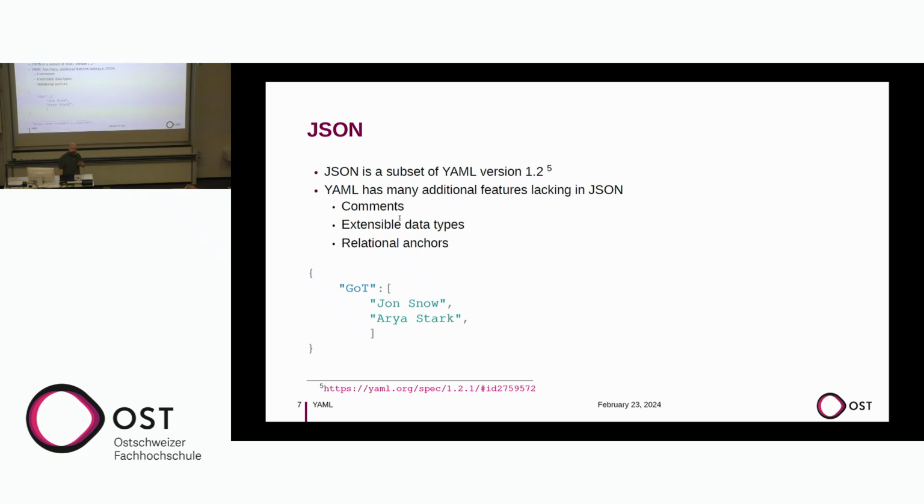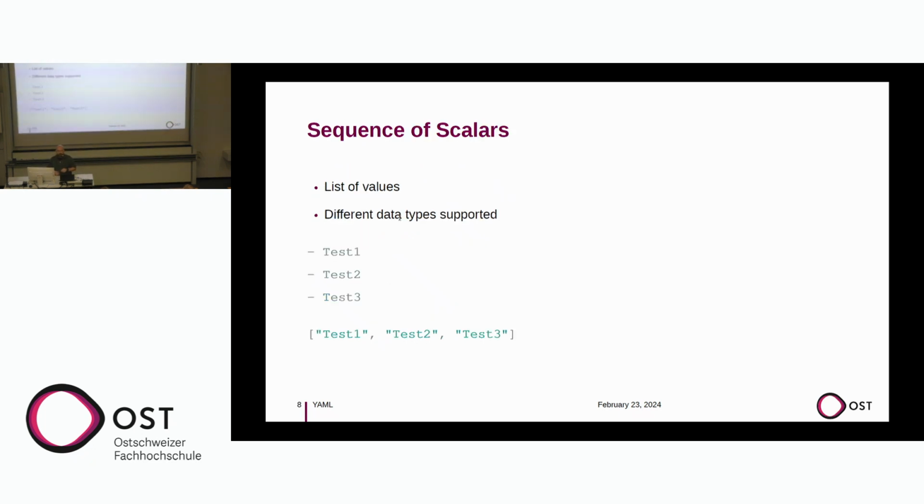One thing I have to say on the exam: if there is a task, convert this JSON to YAML, yes, it is correct that you can just use the same JSON, but that's not the task of the exam. Then it would be to convert it to the classical YAML syntax we know. So, we will now go through some details. If you have any questions.